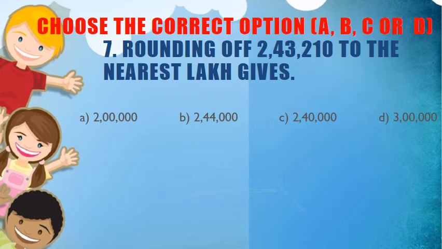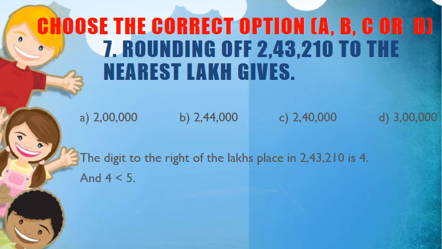Now children, we have to round off 2,43,210 to the nearest lakh place. So what is the digit at the lakhs place? Well, the digit at the lakhs place is 2, right? And now children, the digit to the right of the lakhs place in 2,43,210 is 4. And 4 is less than 5.